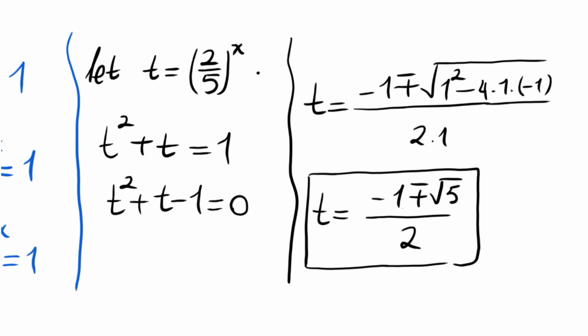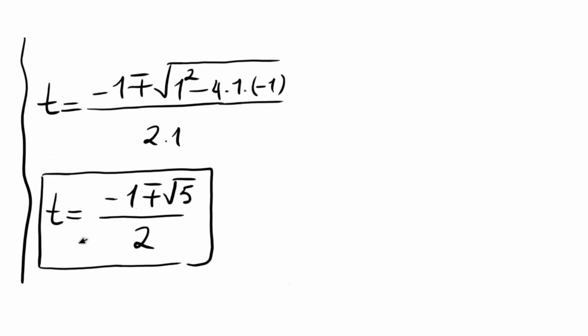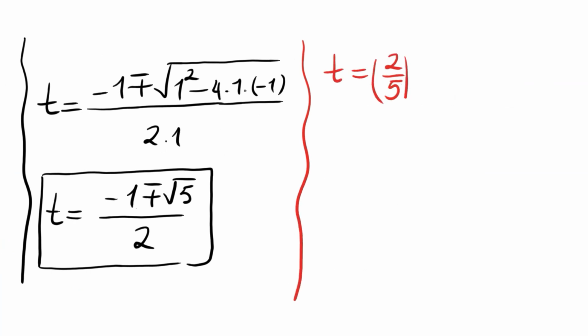Now remember, t is equal to 2 over 5 to the power of x, and this is equal to -1 plus or minus the square root of 5 all divided by 2.